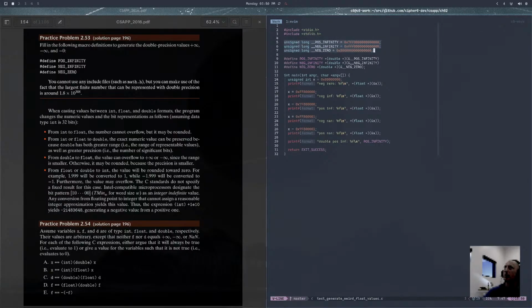All right. Let's go ahead and print these out. It says double negative infinity and double -0. So we'll say negative infinity, -0. So I bet you the way that they're doing this in the book is going to be totally different.